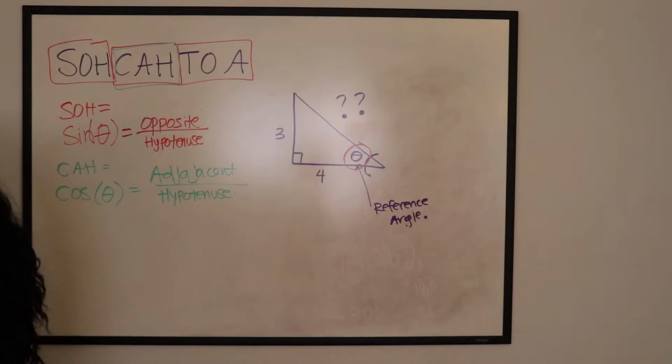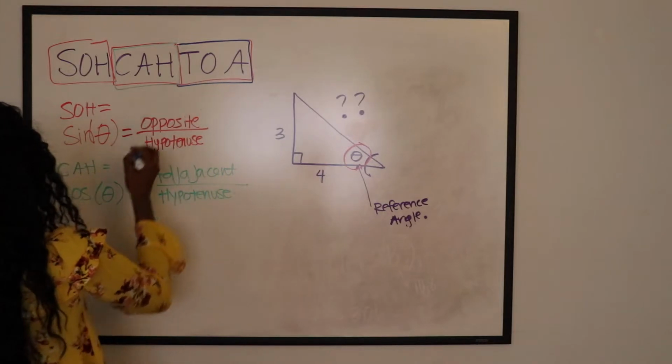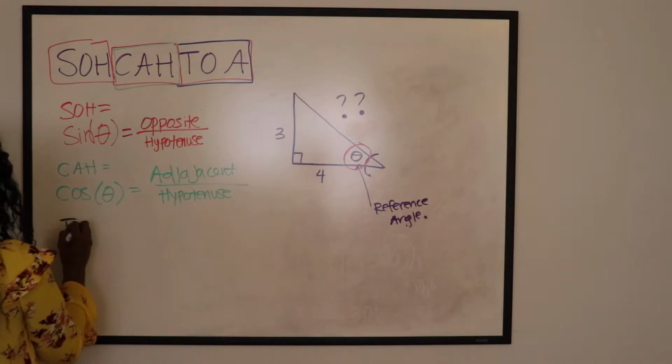Alright, let's do our last one. Our last one will be TOA. What does TOA stand for? This is our tangent.